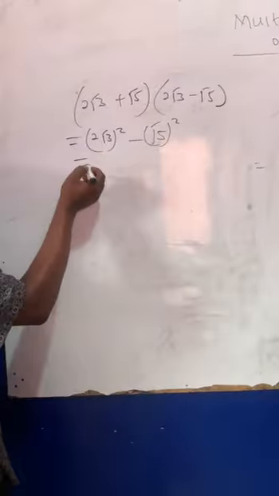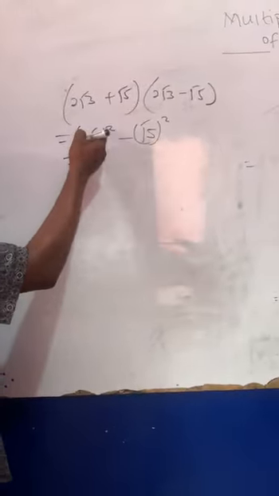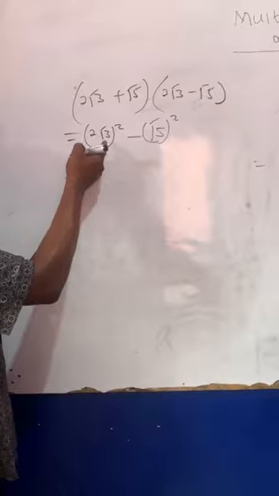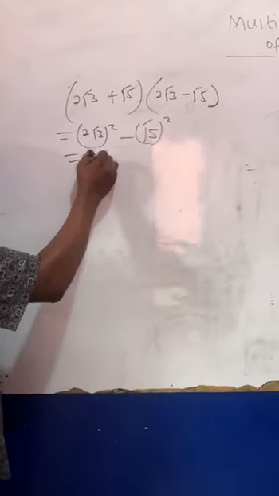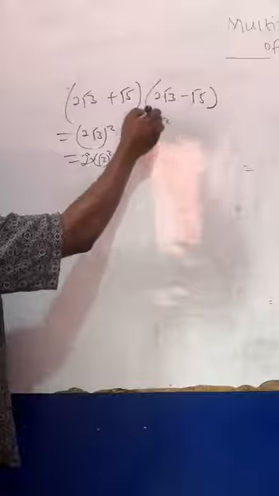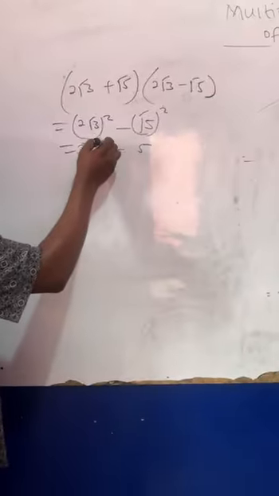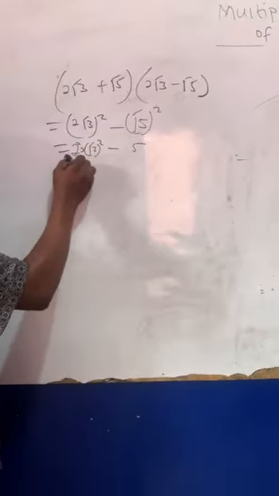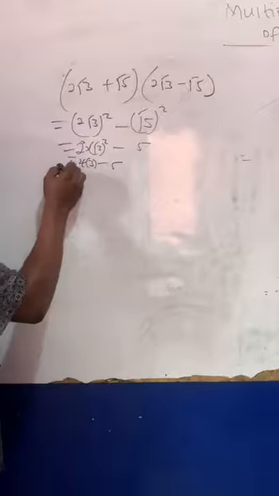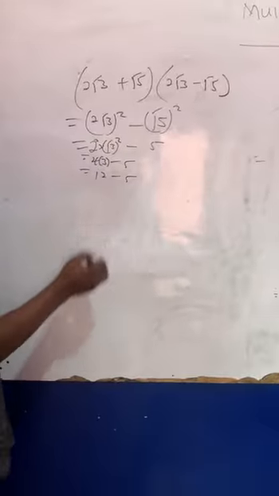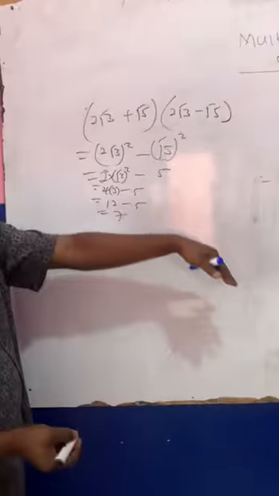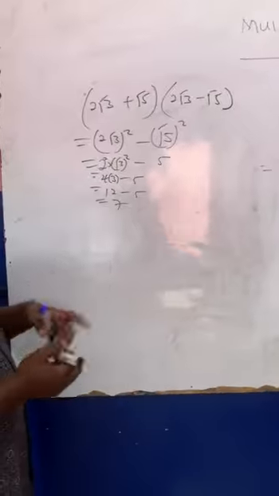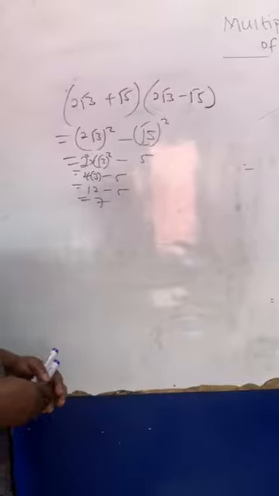Here this 2 is affecting the 2 and the root 3, so we can write it as 2 squared times root 3 squared, minus 5, because the square goes with the root, which gives 5. So we have 4 times 3 minus 5, which gives us 12 minus 5, and 12 minus 5 gives us 7. If you want to expand using this approach, you get the same thing. So either way, we are going to get the same answer.